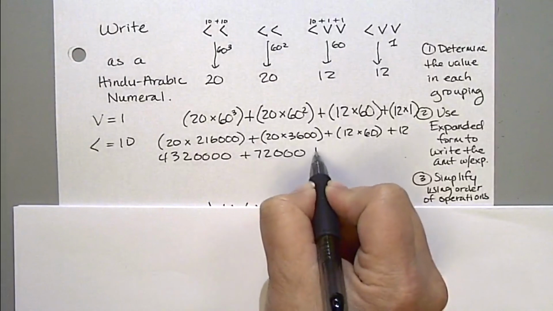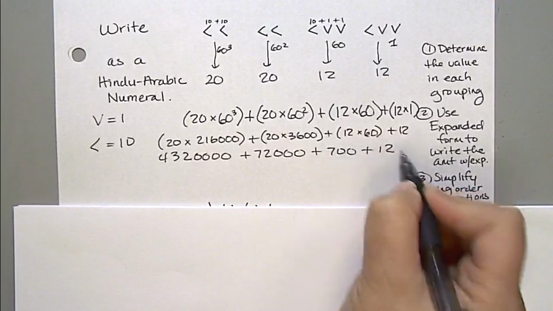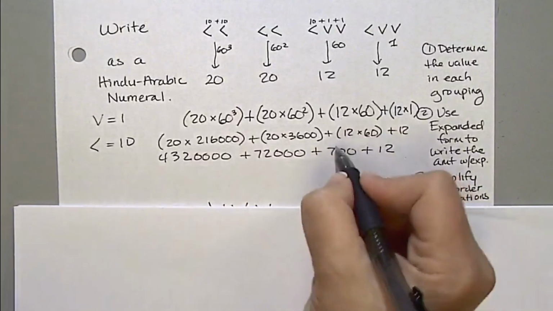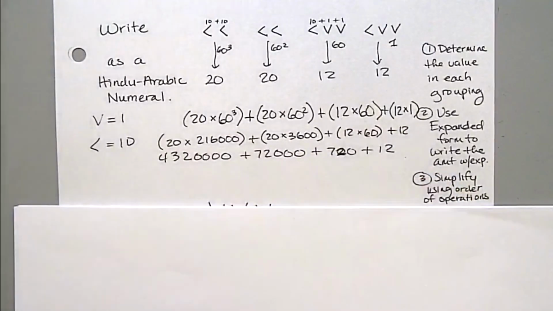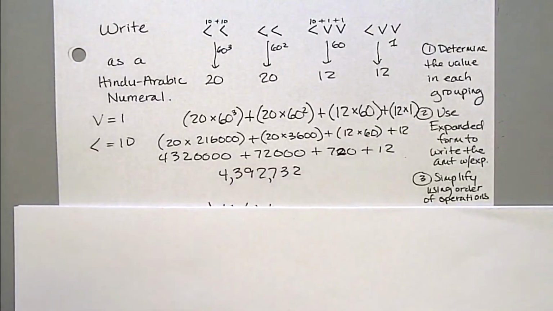And then 72,000 plus 720 plus 12. Oops, sorry, this should be 720, not 700. And then you just add these all together. So we get 4,392,732.